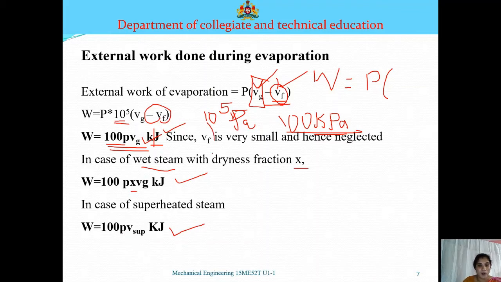So these are the three formulas that you have to remember. One is for the wet steam, it is 100 into P into X into Vg. For the dry steam, it is 100 into P into Vg. And for the superheated steam, it is 100 into P into V superheated. So these are the mathematical expressions for the external work done.